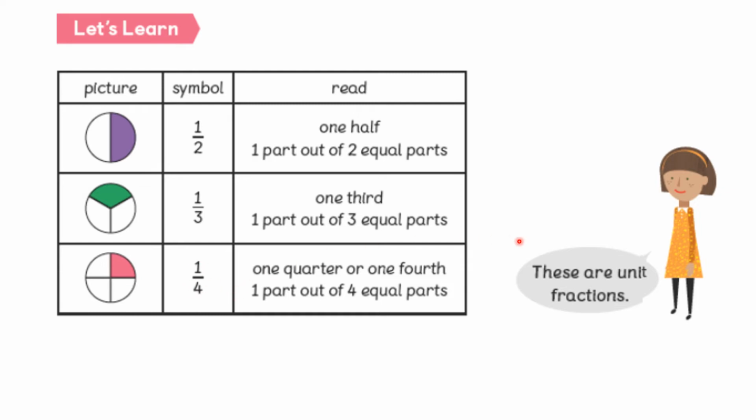Now these fractions are all what are called unit fractions. So they're your sort of standard fractions that we're going to be using a lot of coming up and in year 3 too. Again, I'd like you to pause the video, cover up the slide, see if you can remember the 3 different fractions we've been looking at this week.